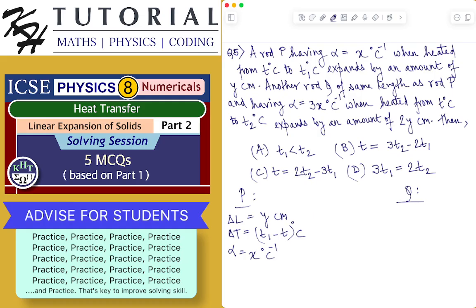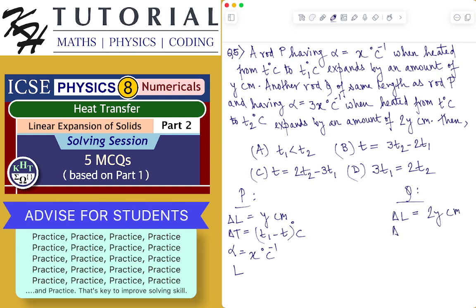The length is not given, but it is given that the rod Q is of the same length as rod P. So let's assume that the length of both the rods P and Q be L. For the rod Q, we have delta L is given to be 2y centimeter.